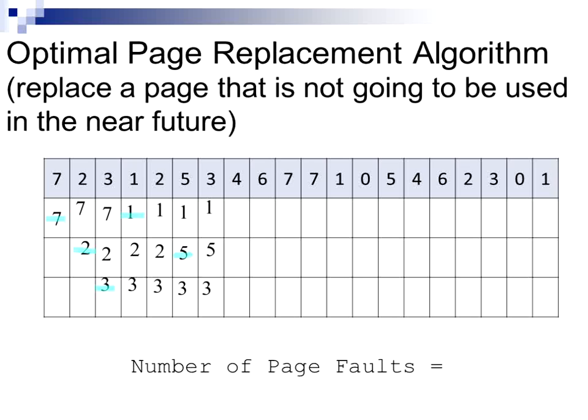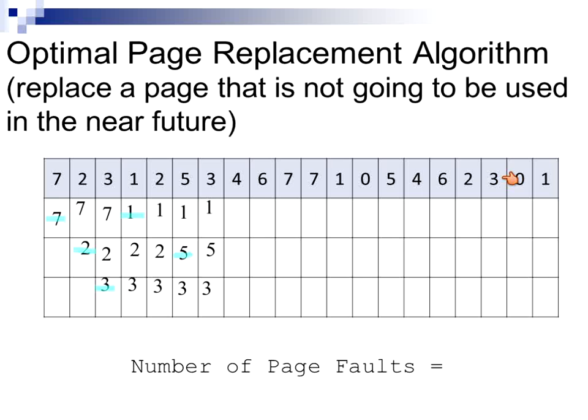I see that 1 is being used, and 5 is being used, but 3 is being used later than that, so we remove 3. Okay, so I think you have the algorithm now. You can continue and fill out the rest of this chart, and then you understand how the optimal page replacement algorithm works. Any questions?